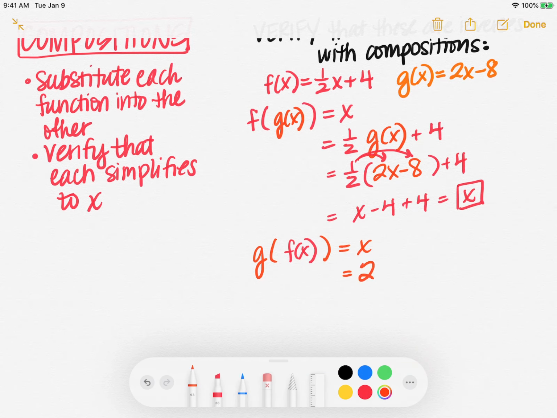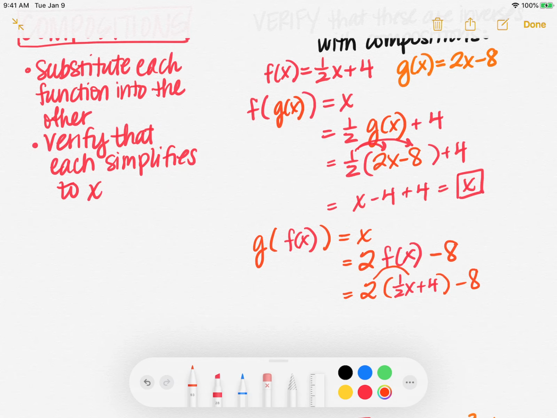G is 2x minus 8. But we're not going to plug in just x. We're going to substitute the entire value, f of x. So that means we're going to do 2 times all of f of x minus 8, f of x being 1/2 x plus 4.